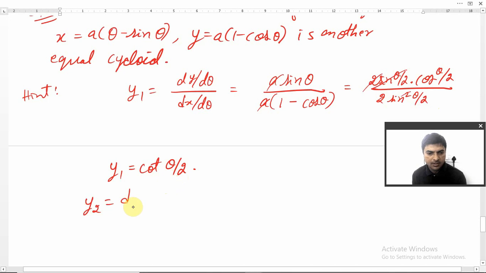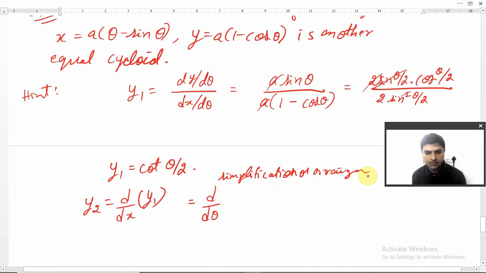Therefore I will just take this as d upon dx of y1, this is equal to d upon d theta of y1, into d theta upon dx.